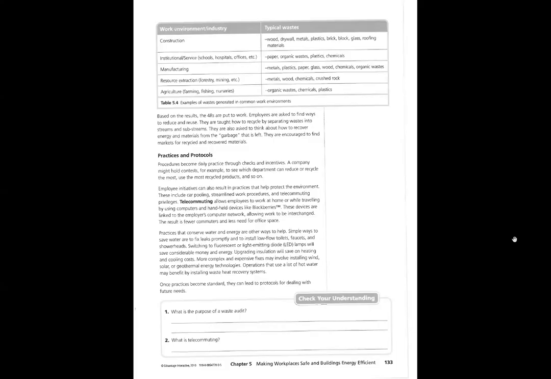And chemicals, we have to be very careful, right, with the chemicals we're using in farming and other nurseries where we're growing things and we're adding different chemicals like pesticides, right?